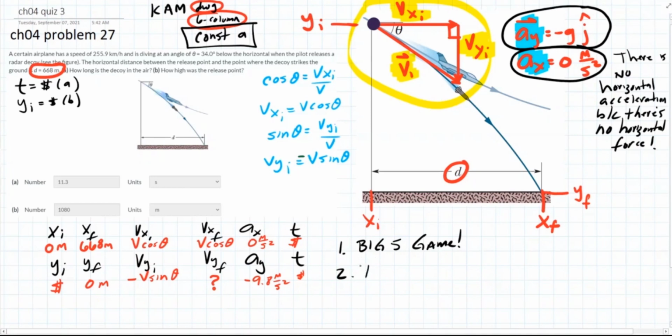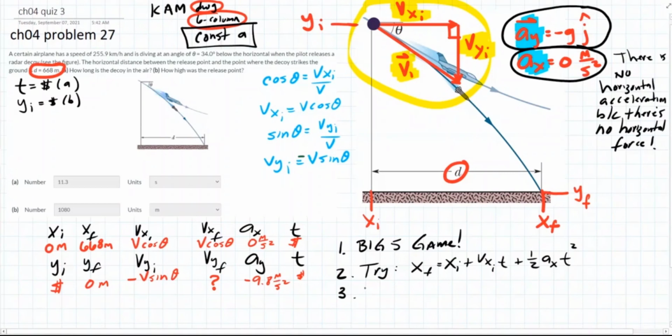I'm going to try this: X final equals X initial plus Vx initial times T plus 1/2 A sub X T squared. All right, so let's process that. I'm not giving up on it yet. I'm always kind of pessimistic, but so far, so good.